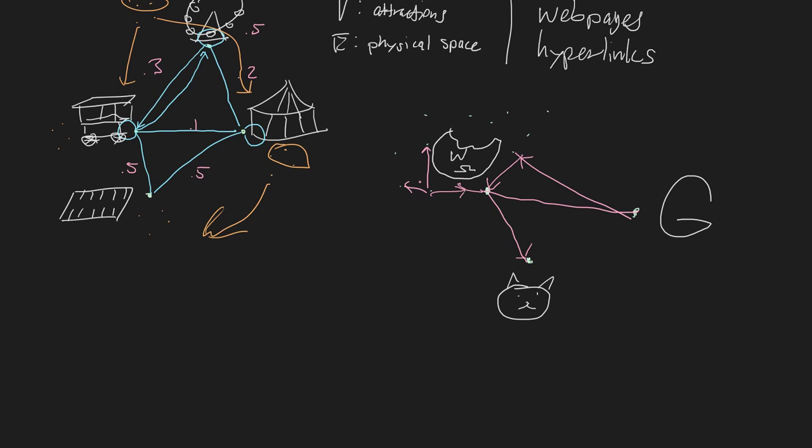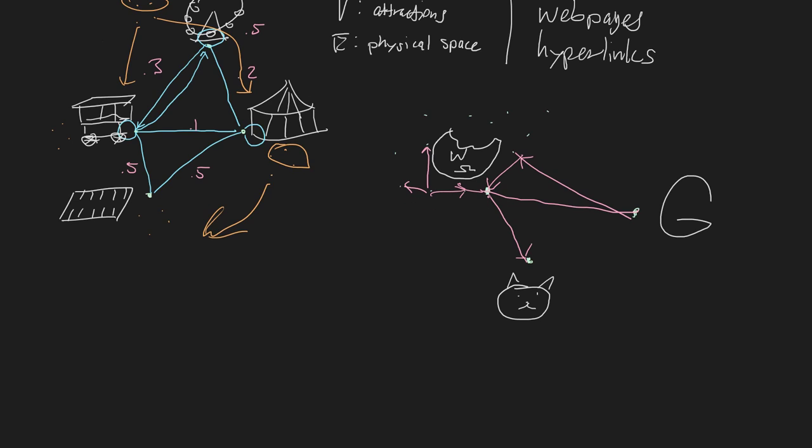So what does this mean? This means that the popularity of your website is affected by the number of websites that link to it, and also, of the websites that link to it, the number of other websites they link to, and the popularity of that website.